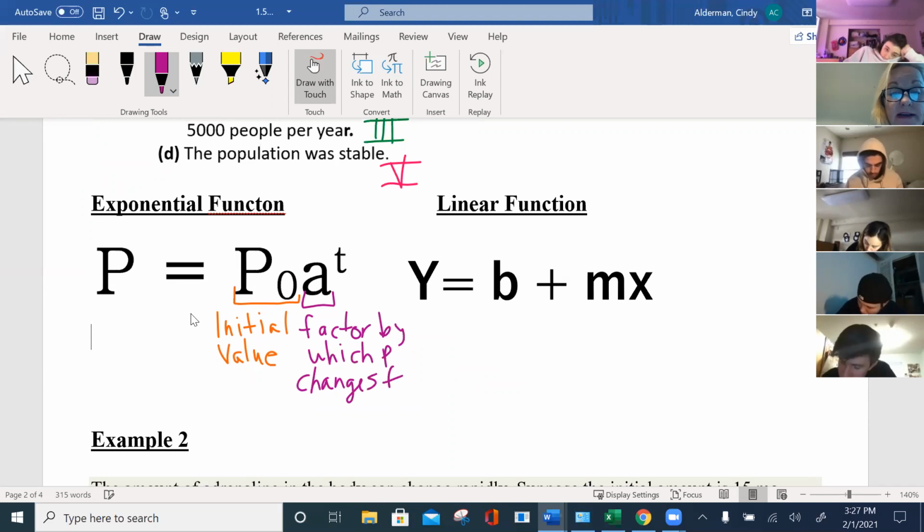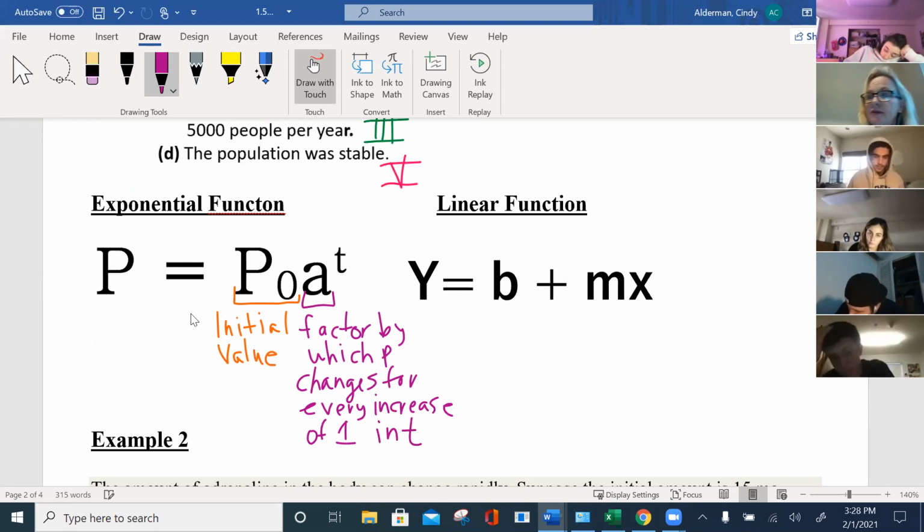P changes for every increase of 1 in T, or the time.